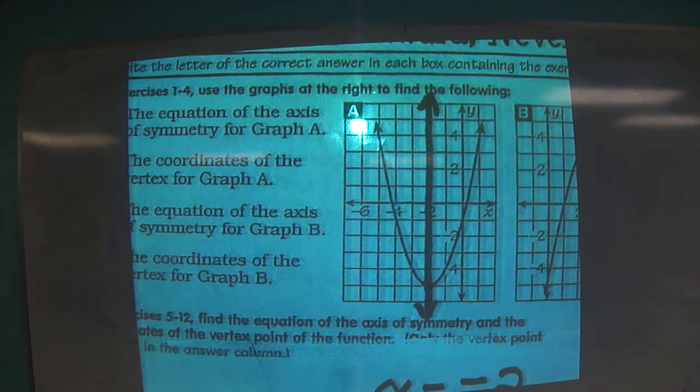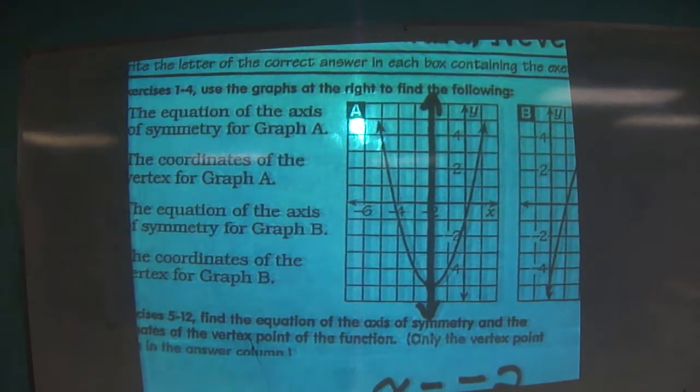No. So an axis is like a pole. So you see how the axis of symmetry would just be x equals -2, and it would spin on the pole of the axis of symmetry.